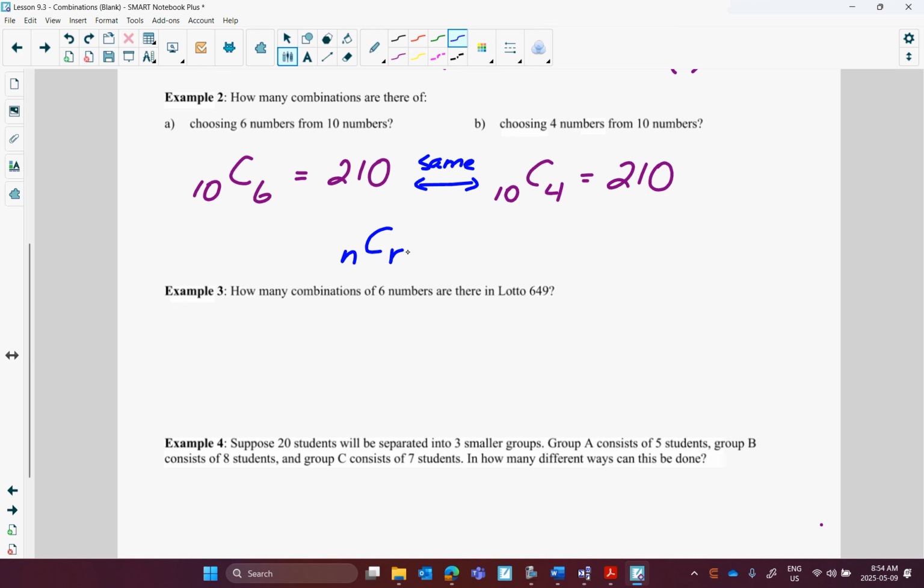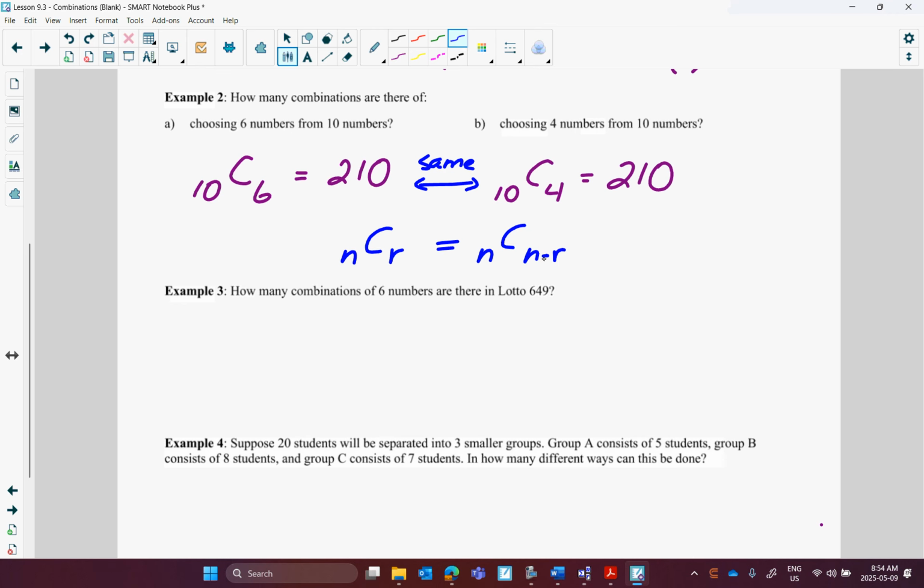N choose r will always equal n choose n minus r. So 10 choose 6 will equal 10 choose 10 minus 6. Or 10 choose 4 will equal 10 choose 10 minus 4. It will always equal the same thing.